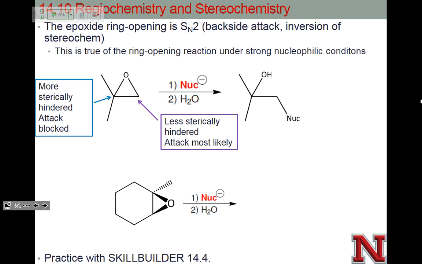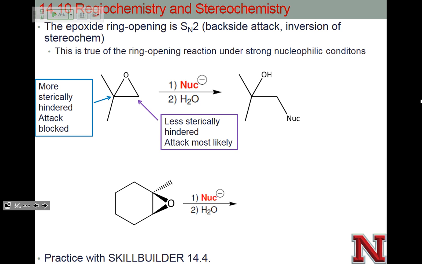So what we have here is really a tertiary carbon, and this is a primary carbon. So of course, in an SN2 reaction, you would expect the primary carbon to be attacked more easily because of sterics. Now the sterics aren't as severe as they are with a normal sp3 carbon, because remember the bond angle here is not quite 109 because the ring is making this angle smaller.